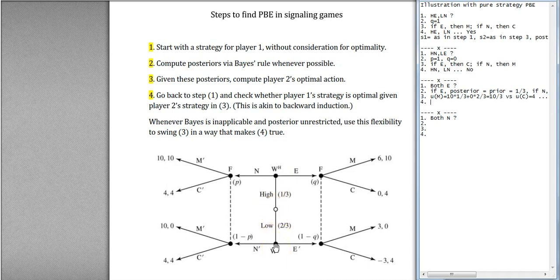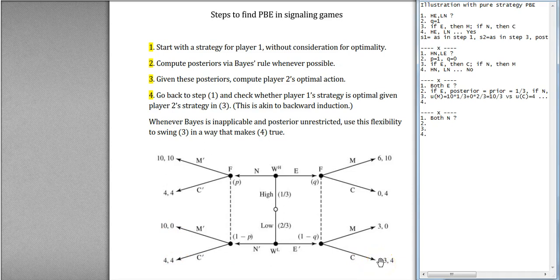The low ability person can say, if I get educated, then the firm would make me a clerk. Likewise, if you're a high ability person, you got educated, you made a clerk. And so the payoff to the low ability person would be -3. If you don't get educated, then depending on what the posterior is, you get a 0 or a 4, and both are better than -3.